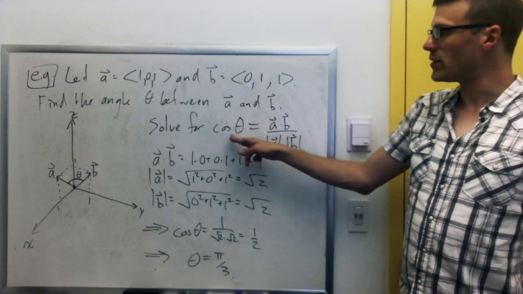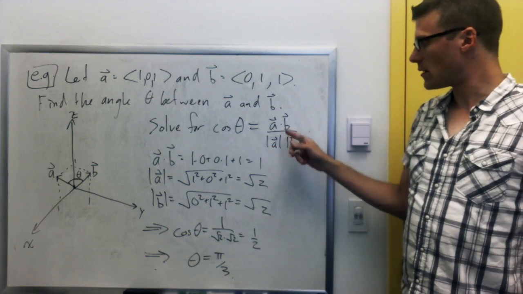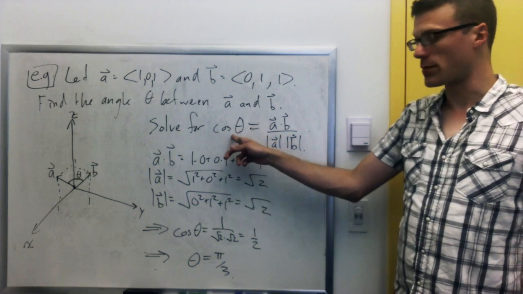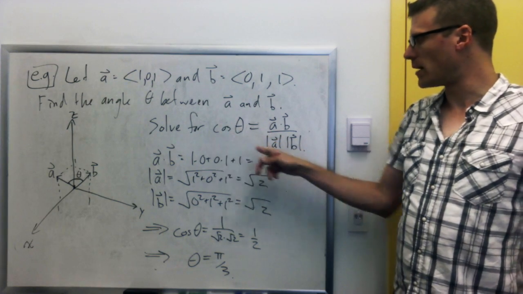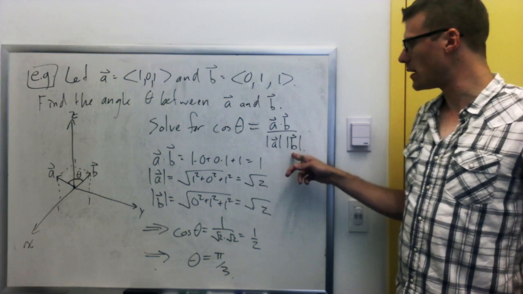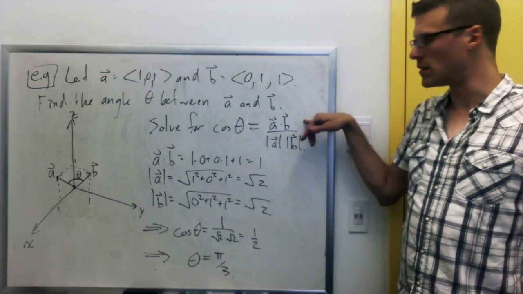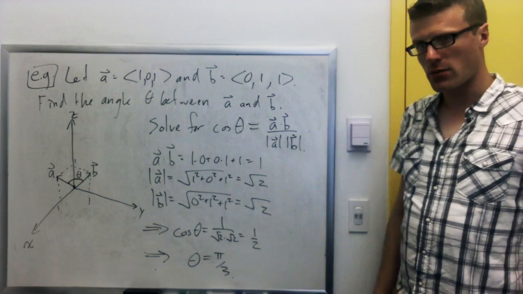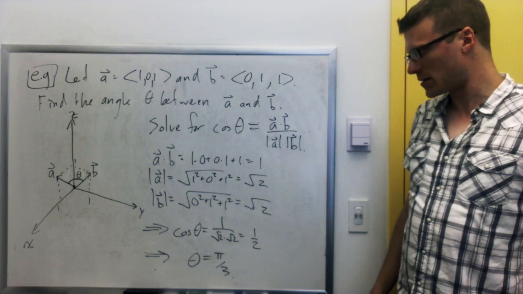So the way we do that is we solve for cosine. We had that A dot B is the magnitude of A times the magnitude of B times cosine of theta. Divide both sides by the magnitude of A times the magnitude of B, and we have that cosine of theta is A dot B divided by the product of their magnitudes. Now we go ahead and compute the dot product and the magnitudes.